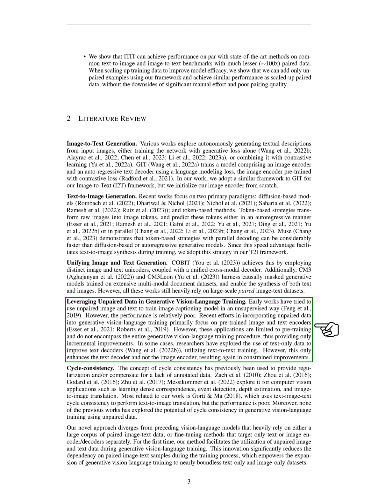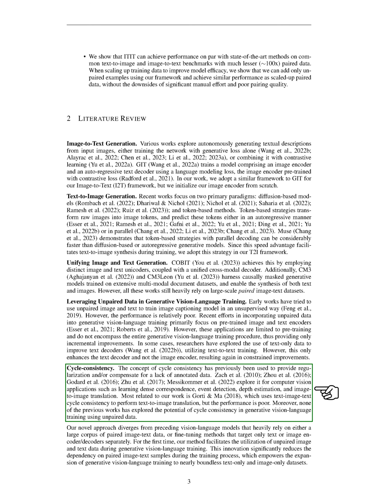We also mention works that have tried to use unpaired image and text to train image captioning models in an unsupervised way. However, these applications are limited to pre-training and do not encompass the entire generative vision language training procedure, thus providing only incremental improvements. The concept of cycle consistency has previously been used to provide regularization and/or compensate for a lack of annotated data.